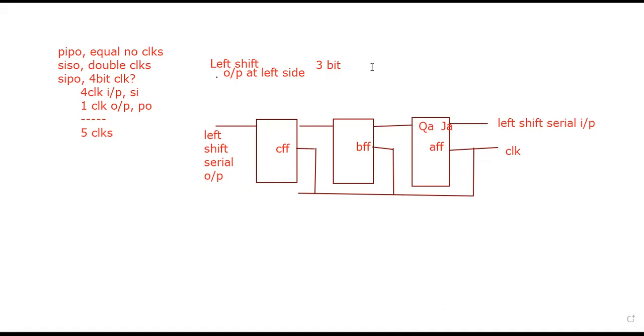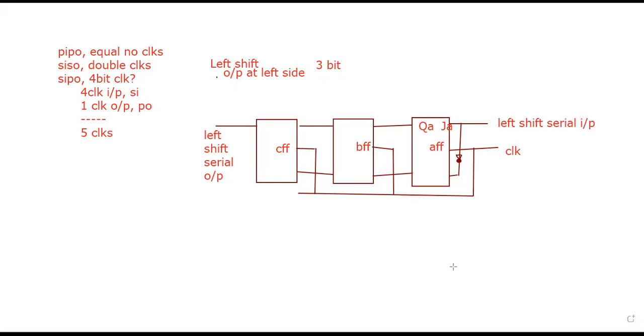In this JKFF, we have to invert the K input (or the R input in an RS). And then afterwards it would simply be forwarded to the next. So here we have to provide one inverter. Okay, so this is done.